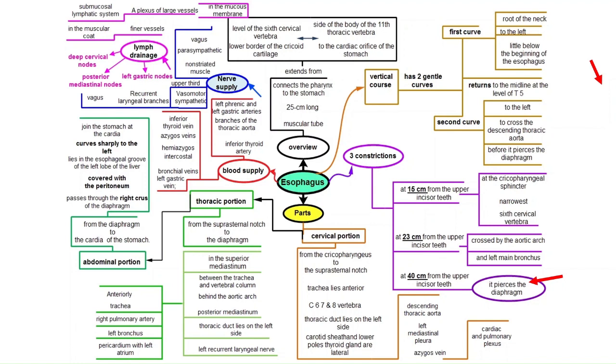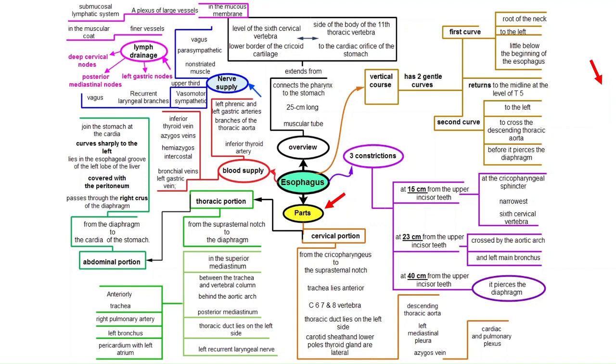If we go to the abdominal portion, it extends from the diaphragm to the cardia of the stomach. It joins the stomach at the cardia, curves sharply to the left. This curve is important in keeping the normal flow of gastric contents and preventing it from going up.